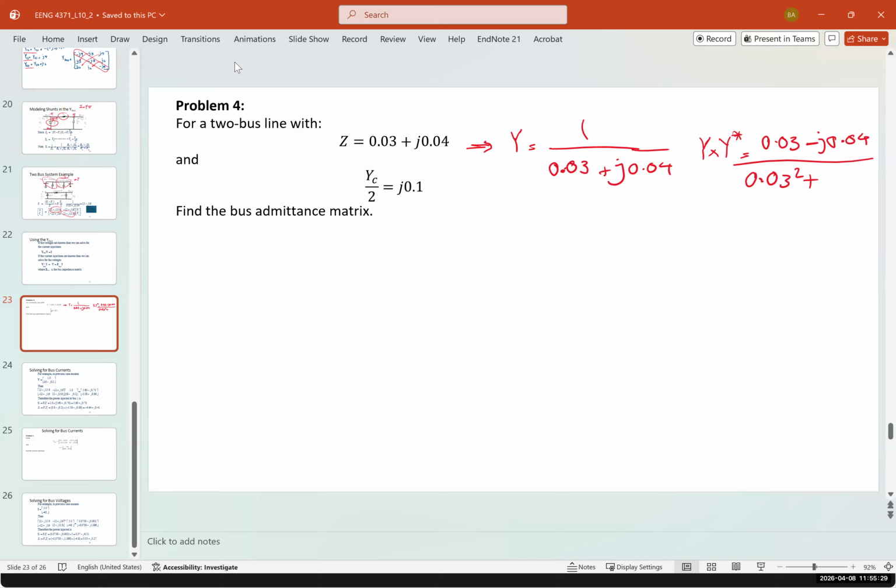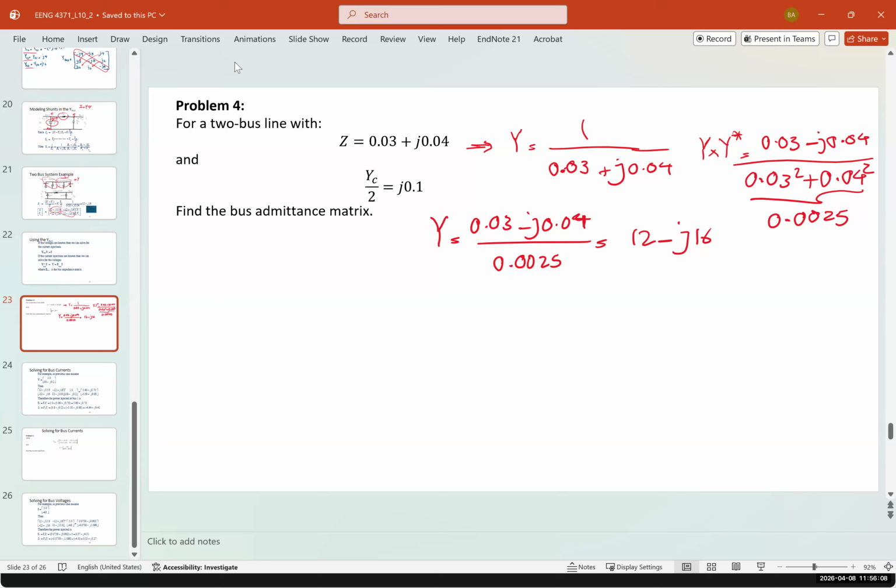So I get rid of j in the denominator, so it's going to be 0.04 squared. Now, 0.04 squared plus 0.03 squared gives us 0.0025, the denominator. So Y would be equal to 0.03 minus j0.04 divided by 0.0025, which would be 12 minus j16.